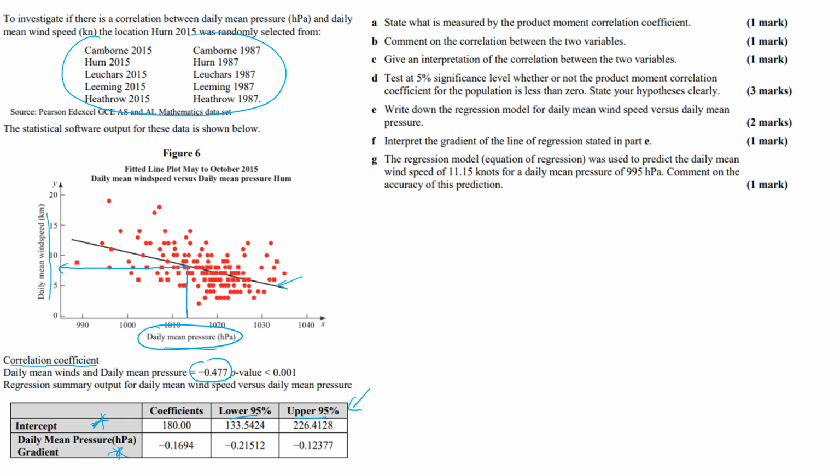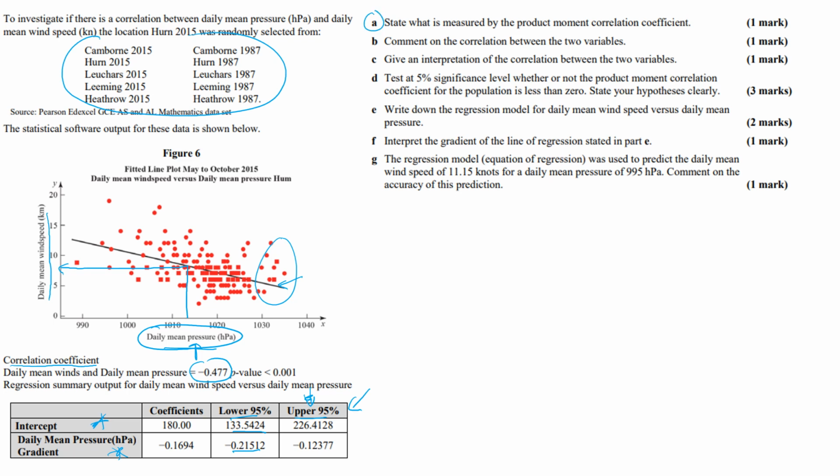So the lower 95% means we just use the lower 95% of the daily mean pressure, what's on the x-axis data. So we've cut off the high data, and therefore the y-axis intercept is going to be lower because that slope's going to be reduced. And then similarly going the other way, we will cut off the low data, the bottom 5%. So let's have a look at what they're asking us to do in this question.